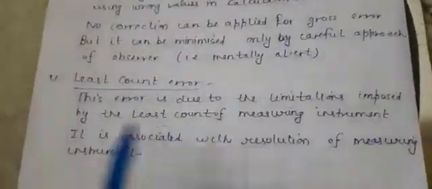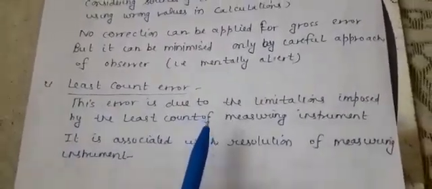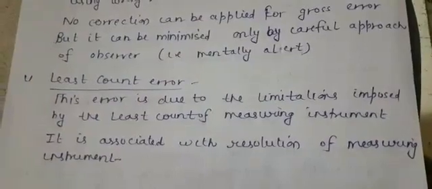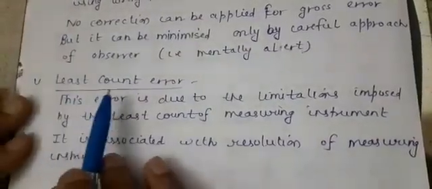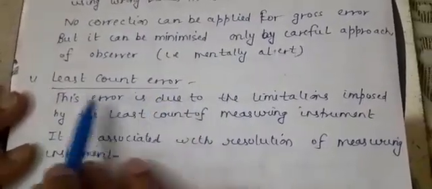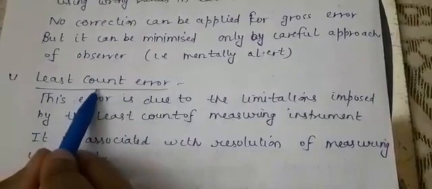Next is least count error. This is a new term that we have to understand, because all the other errors were just correlated with each other. Before understanding this least count error, we have to understand the meaning of least count. Least means minimum, count means measurement.